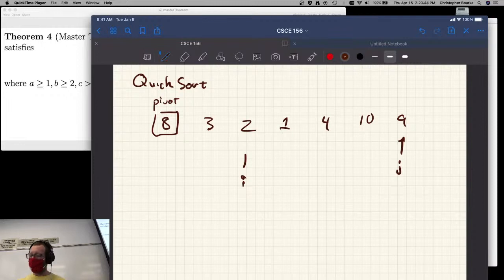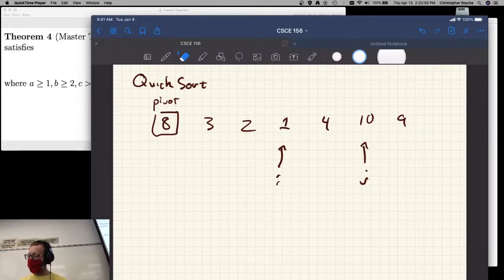And we continue. i is now pointing to this one. j is now pointing to this one. 1 is on the correct side, so we increment. 4 is on the correct side, and we increment. And we find something that's on the wrong side, 10, from the perspective of i. Then we switch over to looking at j. But j and i are already pointing to the same thing. At that point, the partitioning stops.